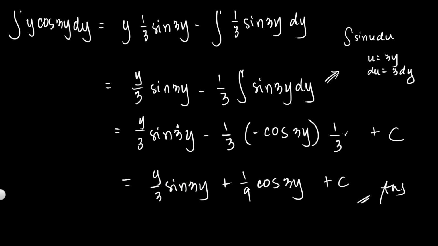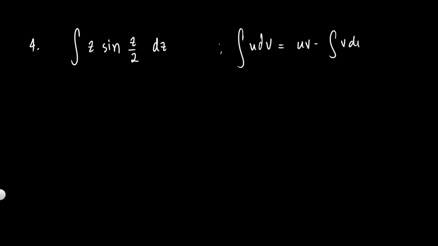Okay. Number 4. What is the integral of z sine z over 2 dz? Again, integration by parts. So, our formula is the integral of u dv equals uv minus the integral of v du.